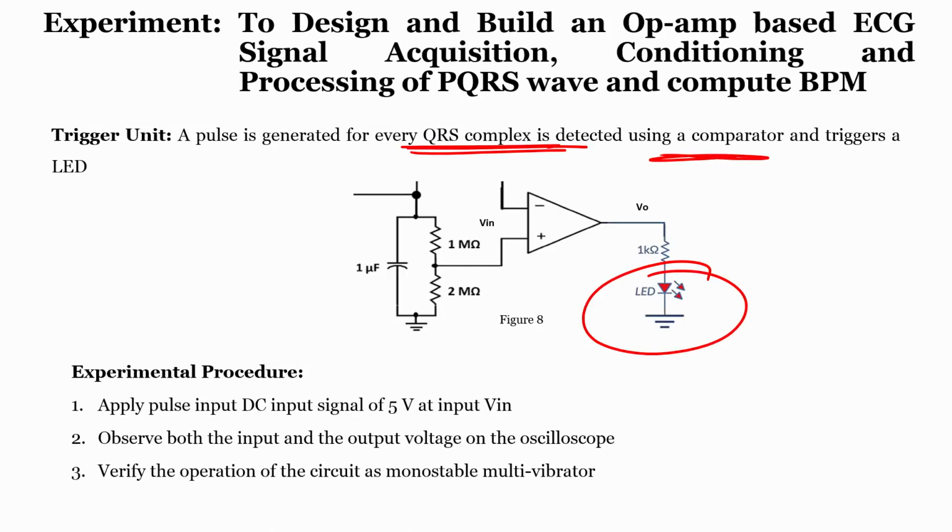So, the trigger unit is used to generate a pulse for every QRS complex, and the experimental procedure here is to apply a pulse input DC signal of 5 volts. Second, observe both the input and output voltage on the oscilloscope, and third, verify the operation of the circuit as a monostable multivibrator. It is nothing but a triggering circuit.